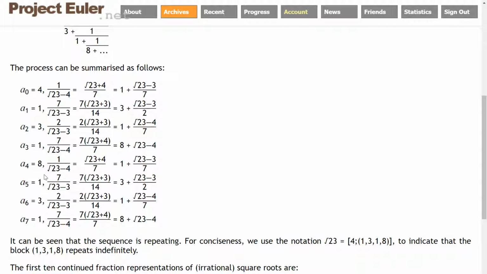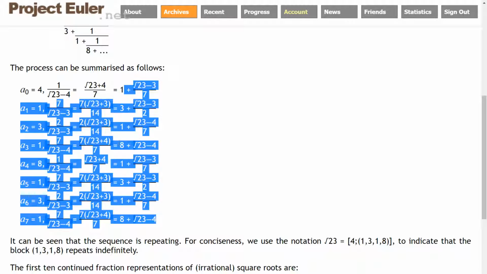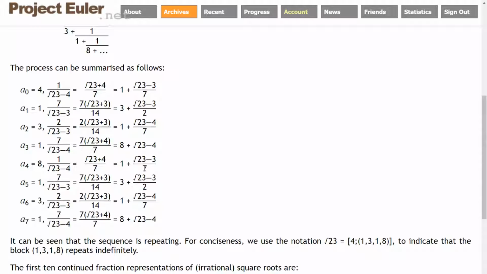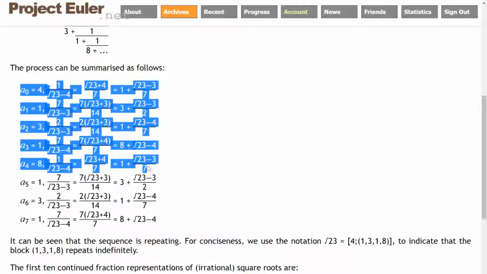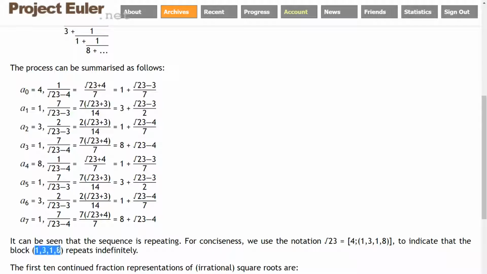Okay, and he says that because there's a loop here, this is a period of 4, I guess. Yeah. Mm-hmm.